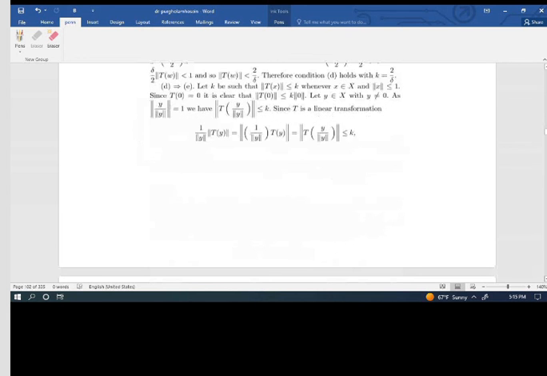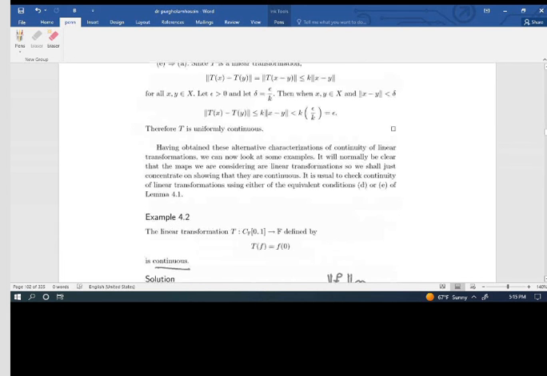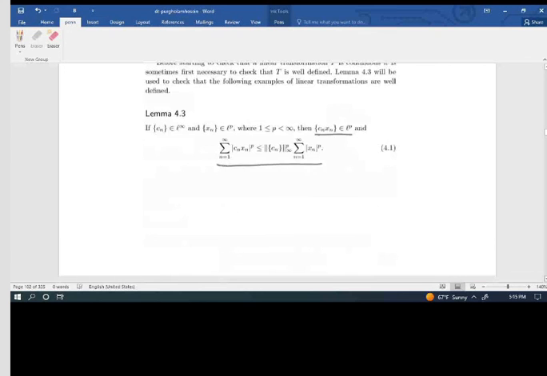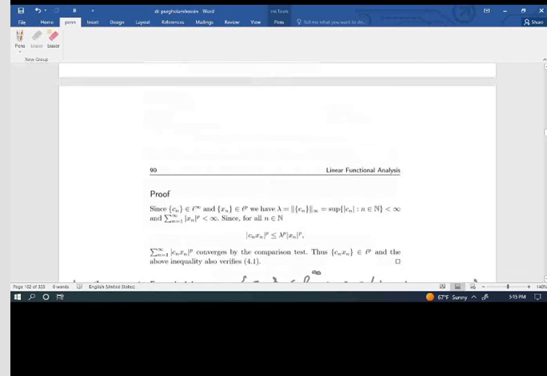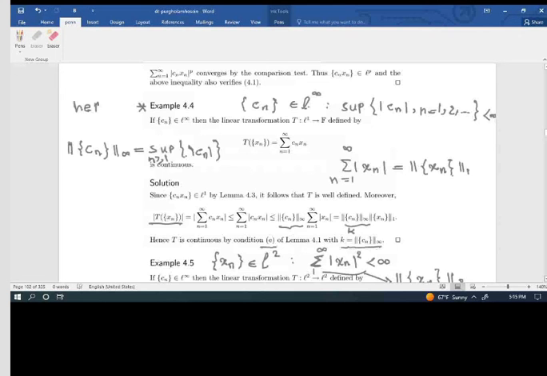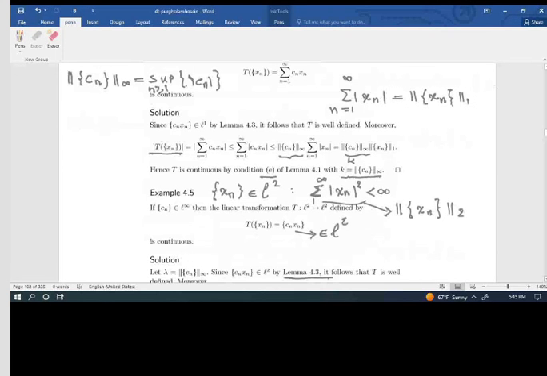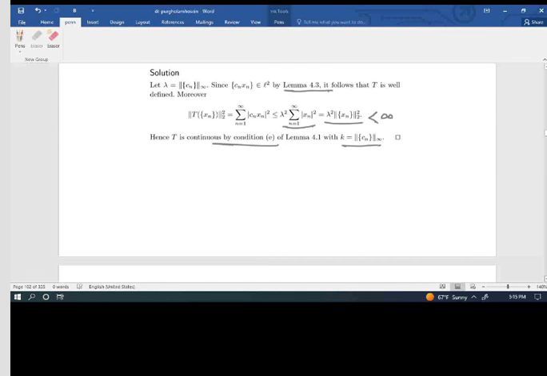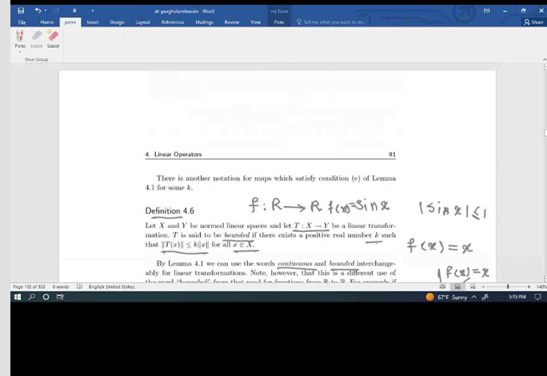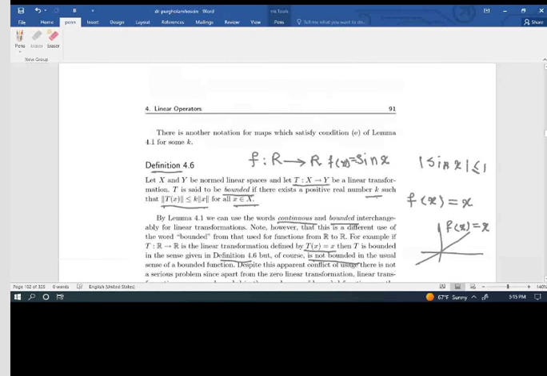Now, in this definition, we say that T is bounded if there exists a positive real number k such that we have this.